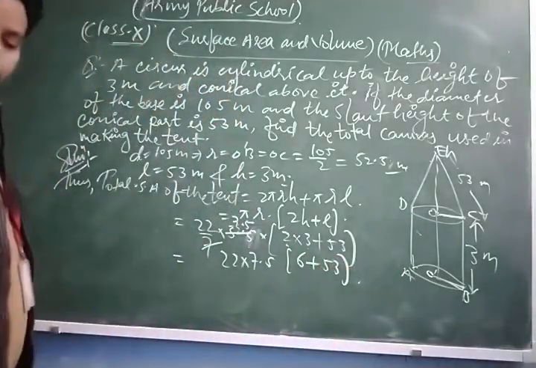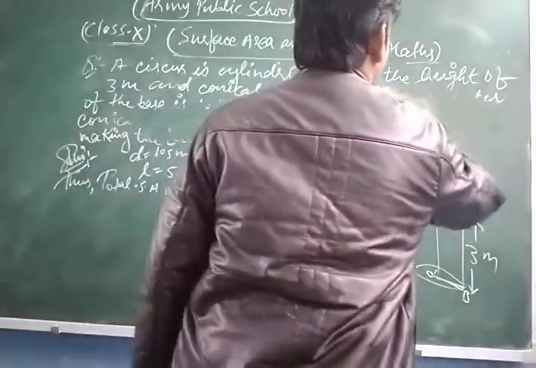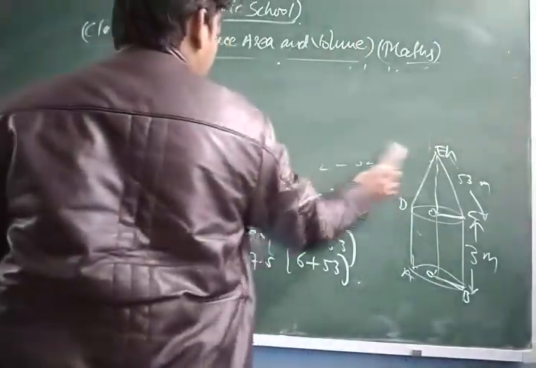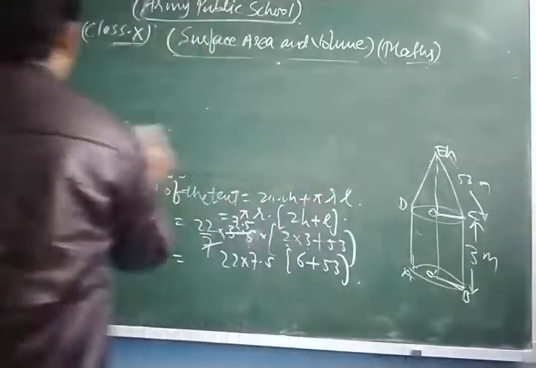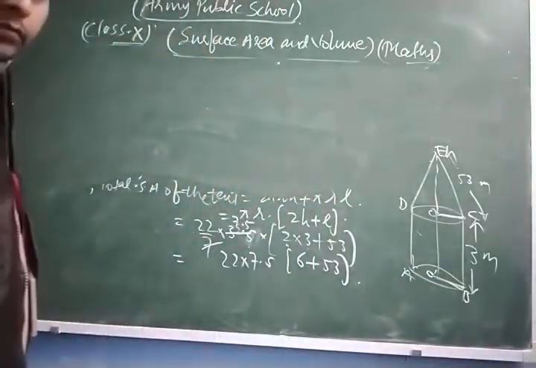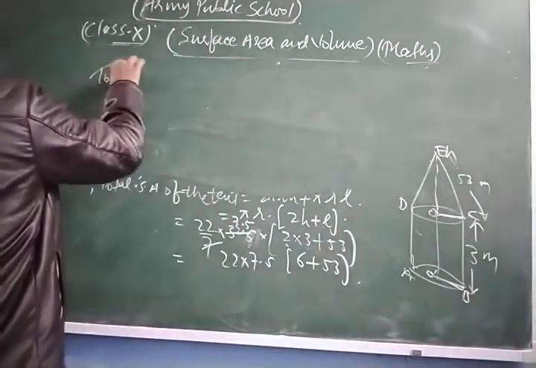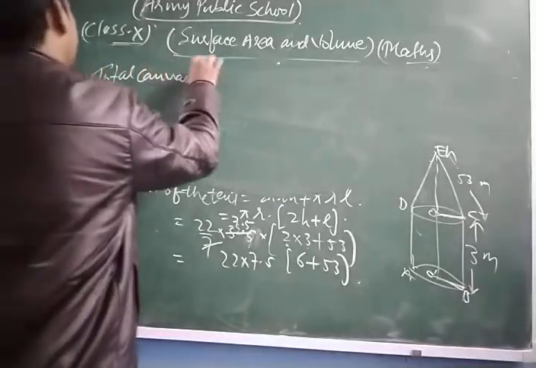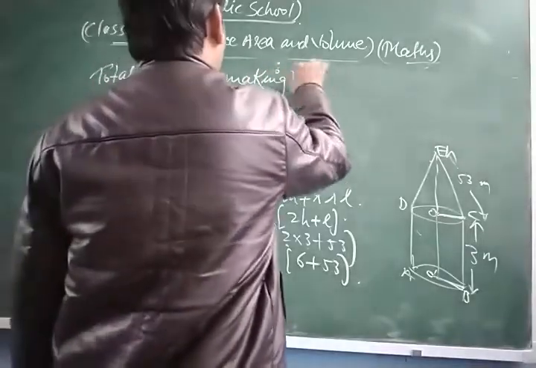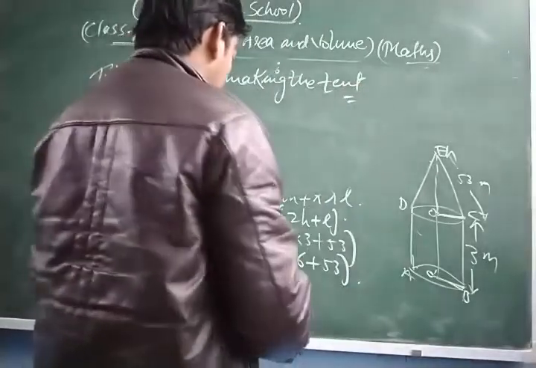Now we simplify them. The total canvas for making the tent is this multiplied by this.